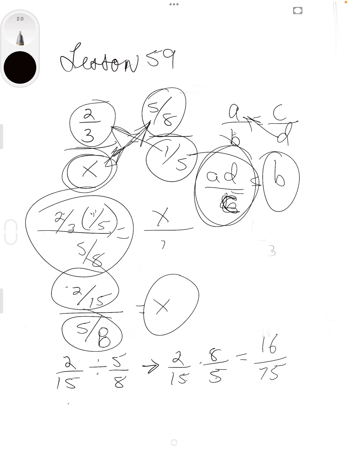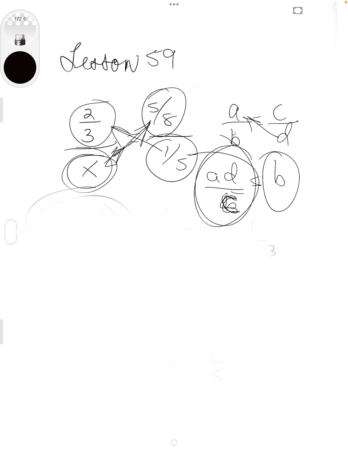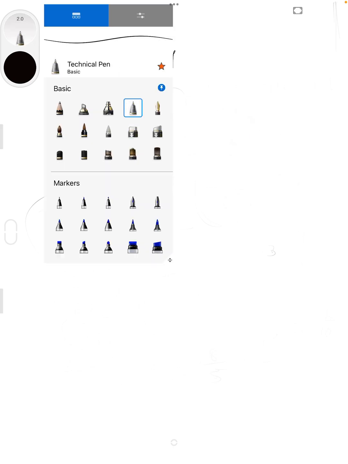So I'll do one more just so you can see it, because that one's now looking kind of ugly, and that was pretty fast. So let's do one that actually is part of your homework. This is practice problem A. You have 3/2 over 1/5 equals 1/4 over x.